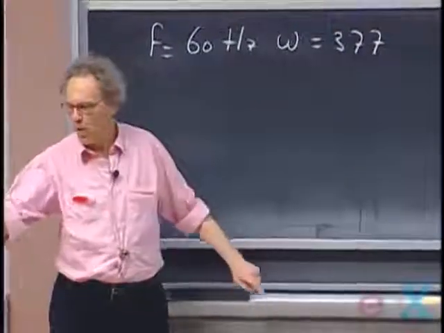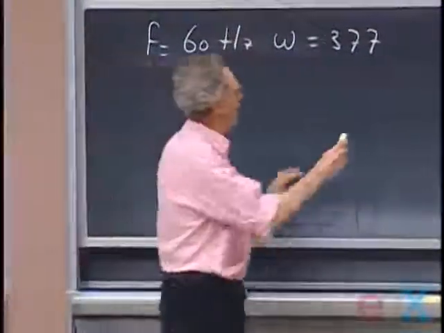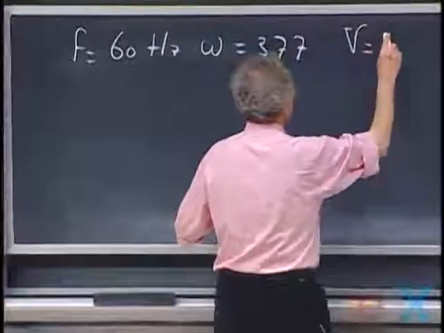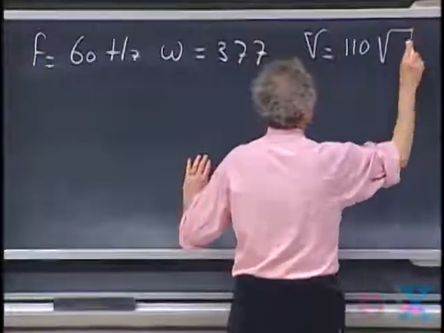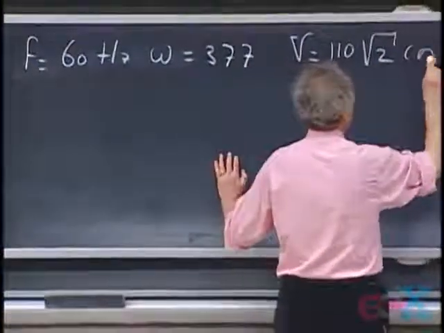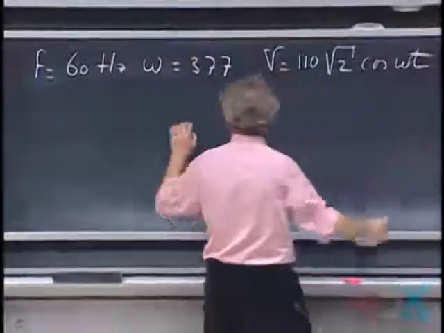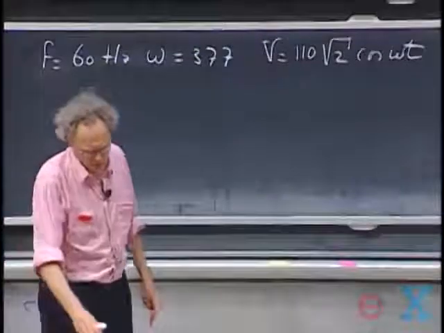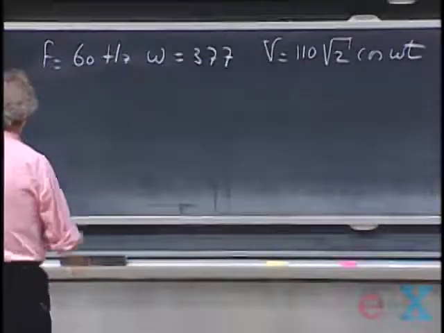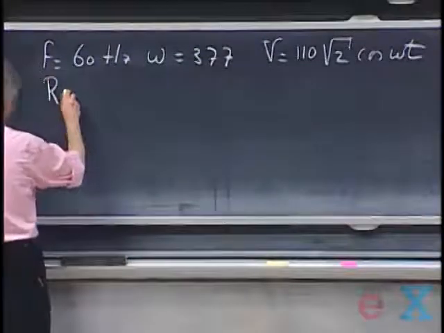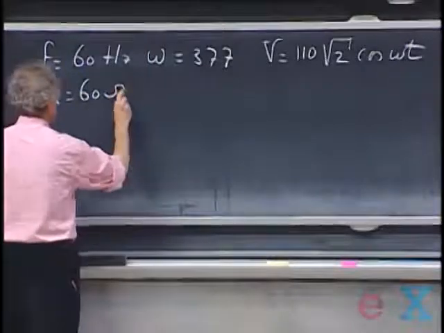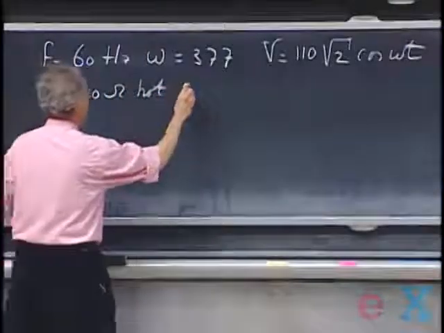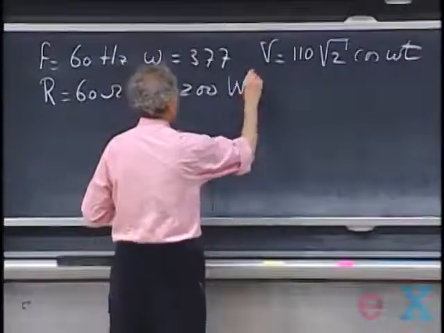I simply plug it into the wall, and so my driving voltage is 110 times the square root of 2 times the cosine of omega t, and it is this omega. So it's the 110 volts that comes out of the wall, so to speak. My light bulb R is 60 ohms when it is hot, and it is a 200-watt bulb.